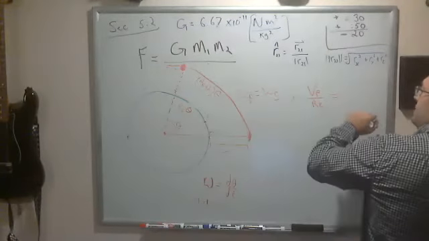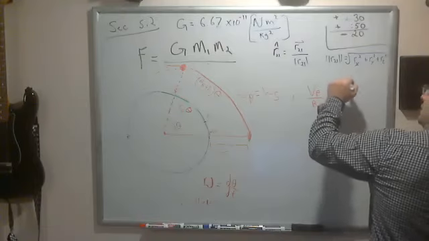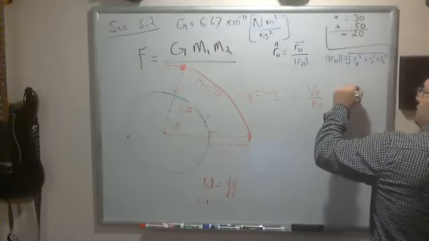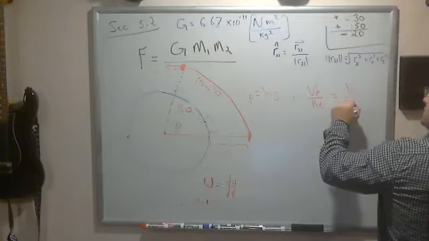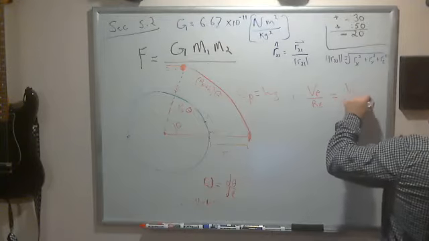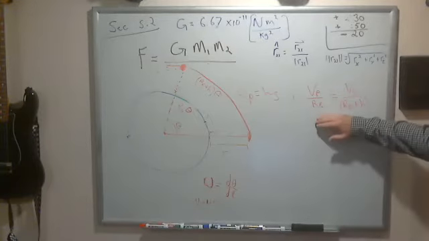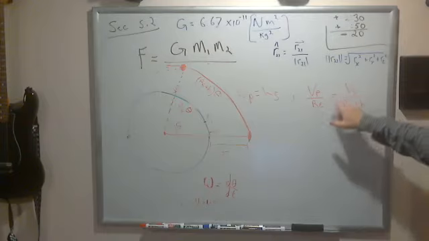And this has to equal the tangential velocity of the satellite, v_s, divided by the height. We have to have this for the speed of the satellite.